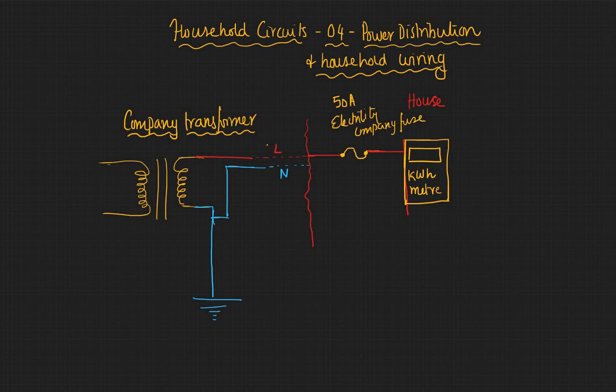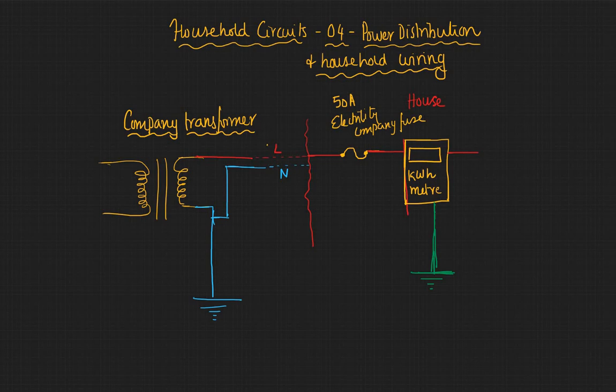And somewhere here, connected to the kilowatt hour meter, would be our earth. This earth is a line which is grounded. We usually use a green colored wire, as per the new convention or even the old convention. Now let's trace the live. So the live is passed through beyond the kilowatt hour meter.